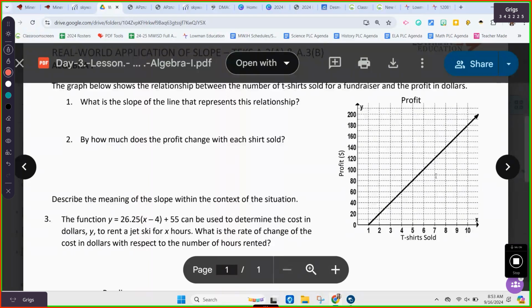Because for one T-shirt, he made nothing. Two T-shirts, he made 20. They gave 1 away for 3. Oh, that makes sense. I didn't read the equation. Yeah, he used his deductive reasoning. But if he gave it away for free, that would have been him selling it.